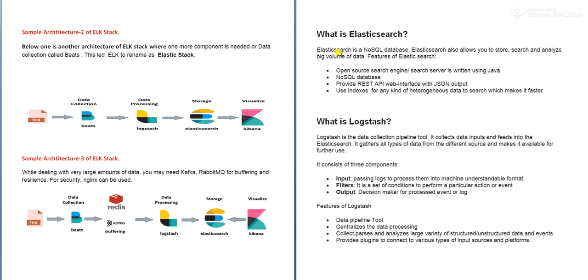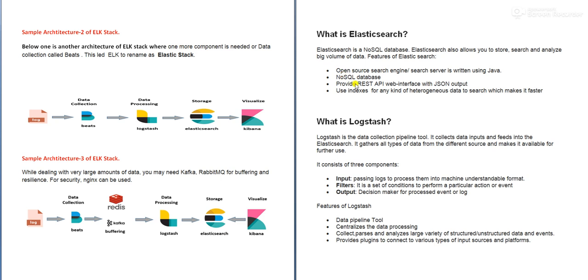Now we'll discuss what is Elasticsearch. Elasticsearch is a NoSQL database. The SQL query will not work here. Elasticsearch allows you to store, search and analyze big volumes of data. Then there are the various features. The first feature is that it is an open source search engine, and the search server is written using Java.